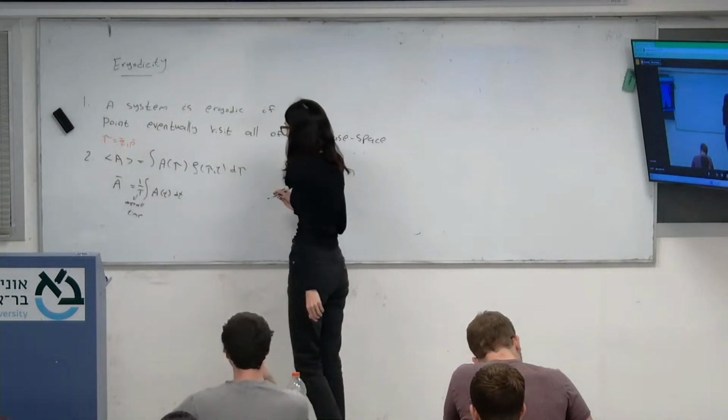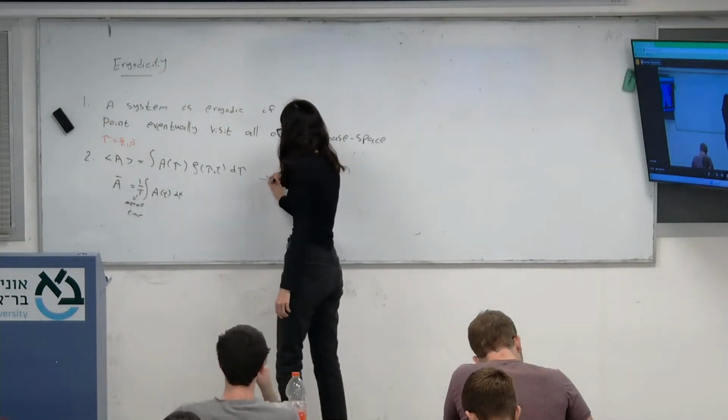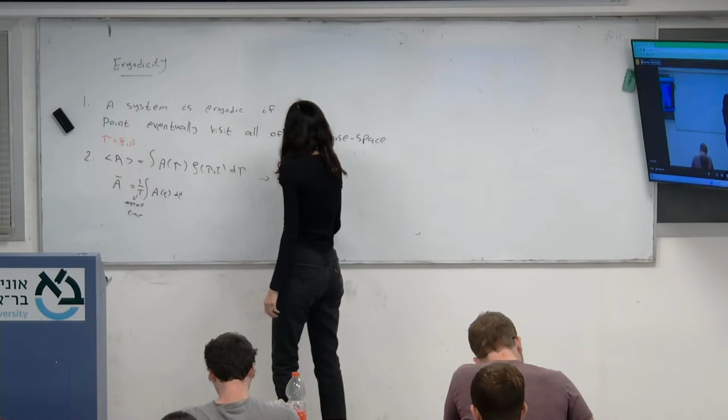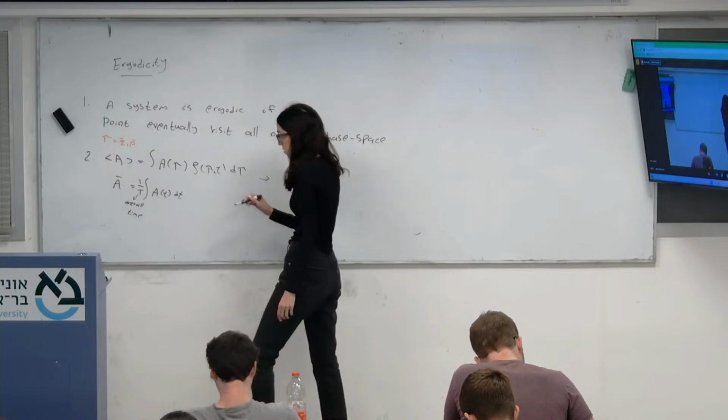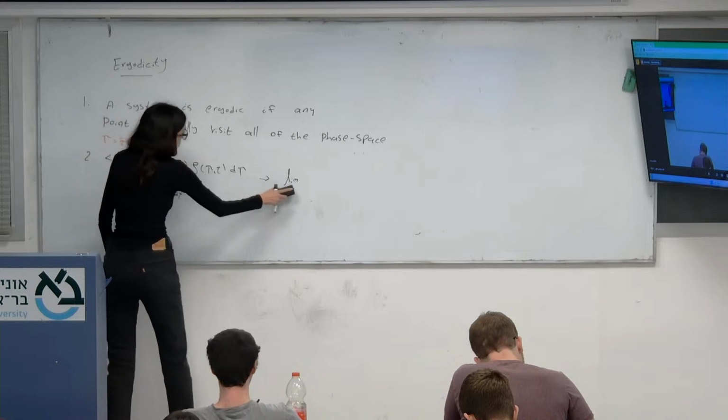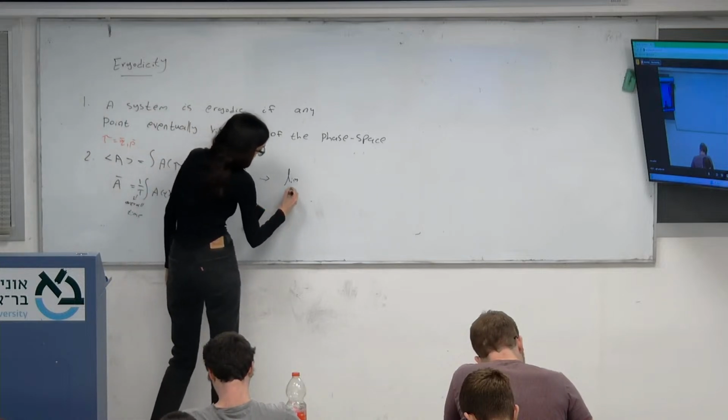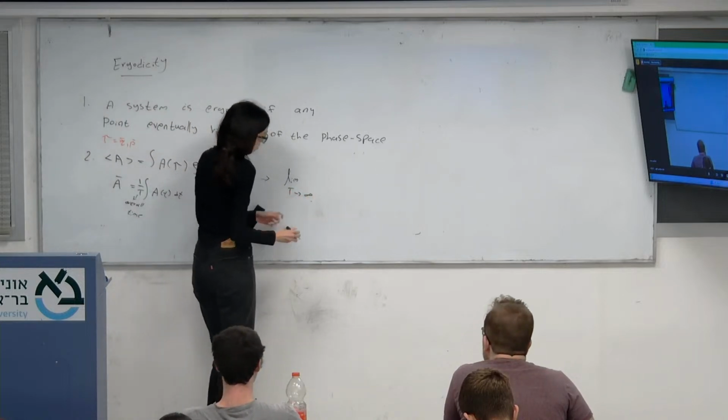So if the system is ergodic, we can take the limit of T going to infinity.